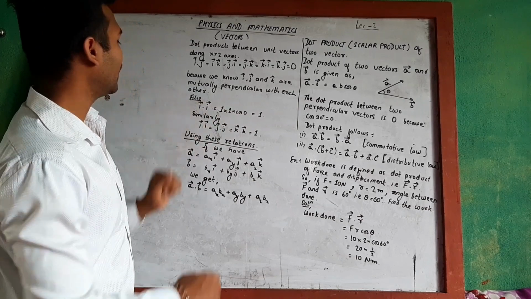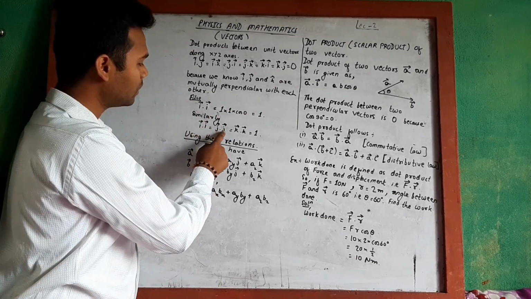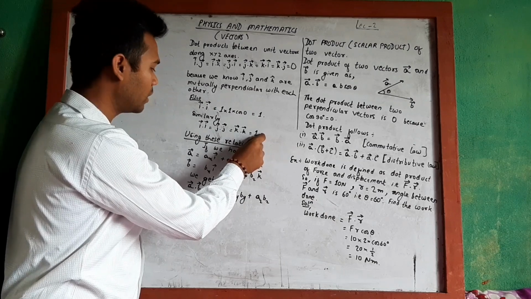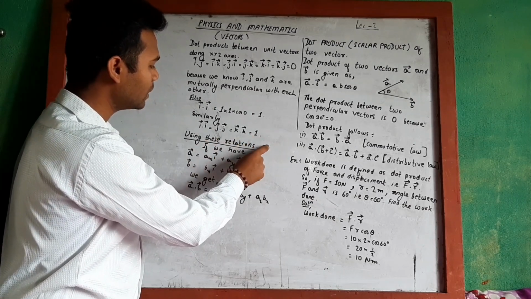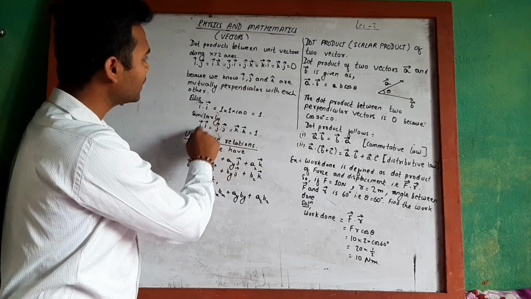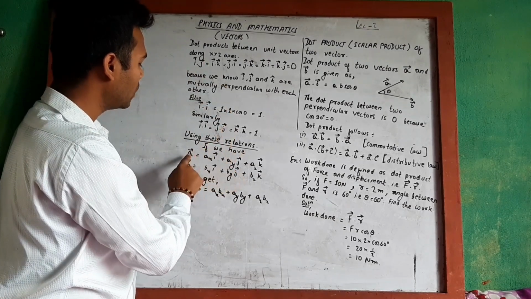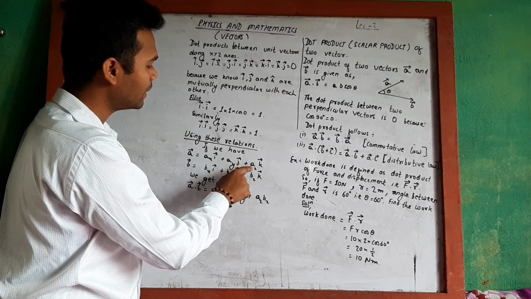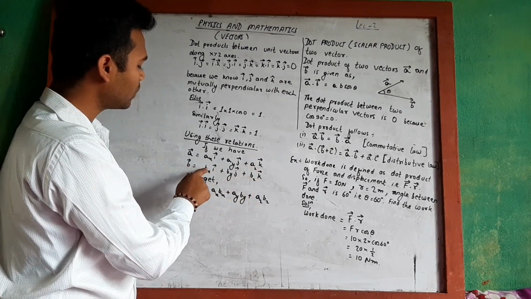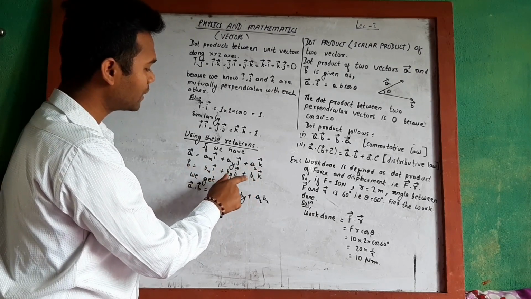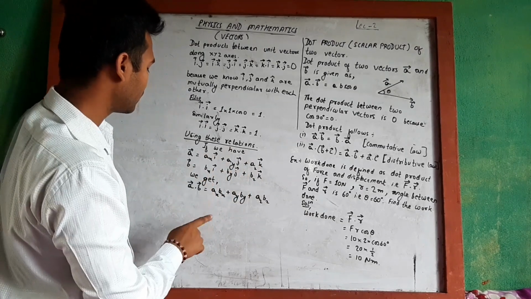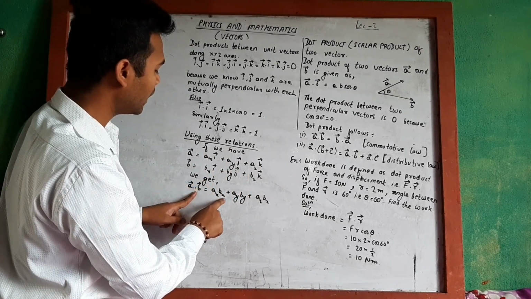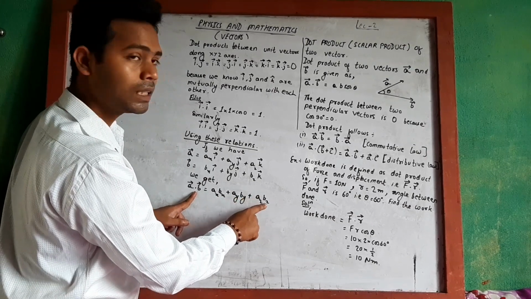Similarly, i vector dot i vector, j vector dot j vector, k vector dot k vector are all equal to 1. By using these relations, if we have two vectors, a vector equal to ax i vector plus ay j vector plus az k vector, and b vector equal to bx i vector plus by j vector plus bz k vector, then we get a vector dot b vector is ax bx plus ay by plus az bz. How?